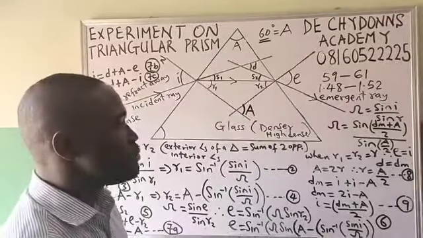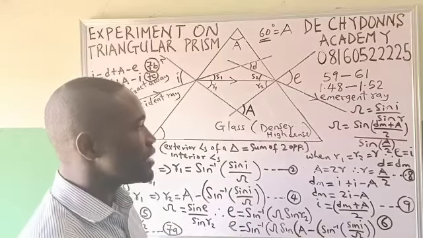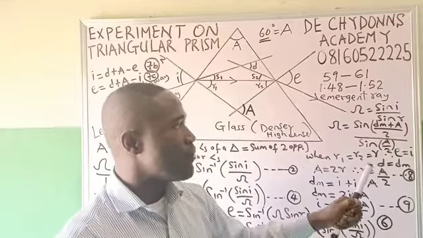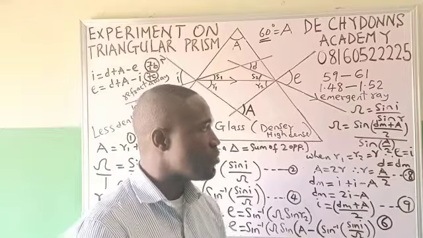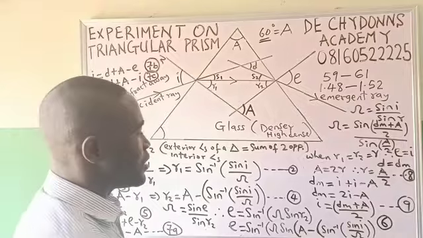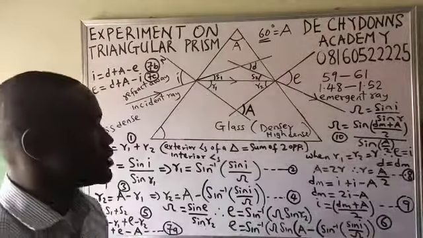So when we finish performing this experiment, if we are asked to get our refractive index, we must have gotten our Dm from our graph and know our A, then we package it in this formula and get our refractive index. Remember, this will be our formula 10. So note it.